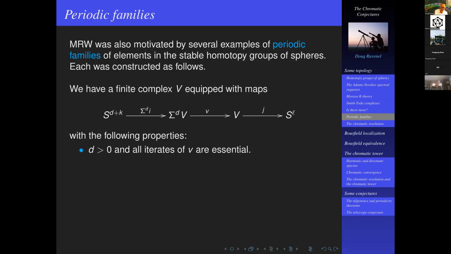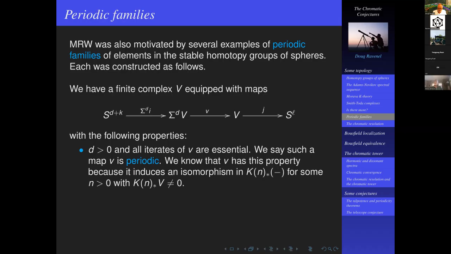You could iterate it as many times as you like. And in this situation, we know that all of these iterates are essential, meaning none of these iterates are null homotopic. They're all homotopically interesting. A map with that property is said to be periodic, because it leads to these periodic families.